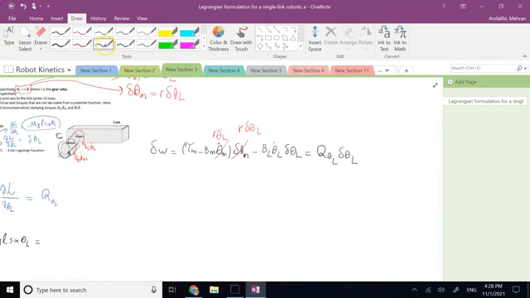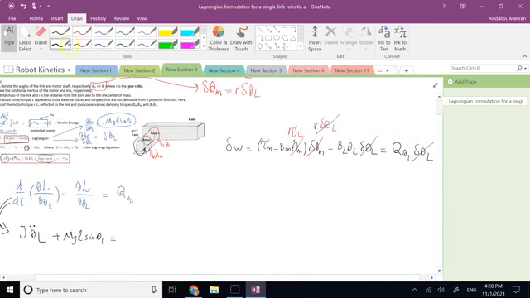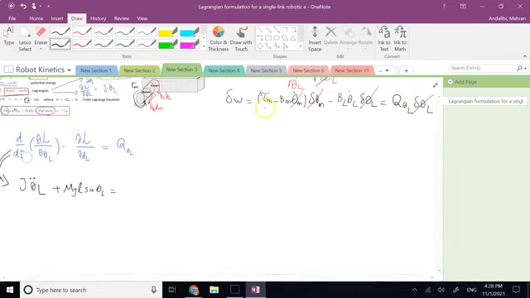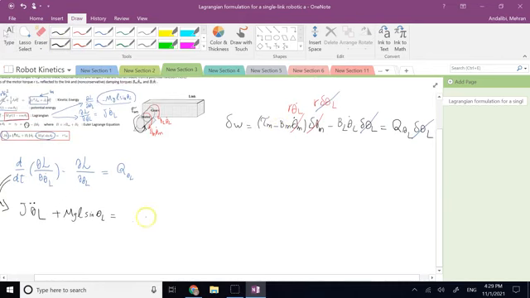And here, if you simplify the delta theta L's on both sides, you will see that your Q of theta L is going to be r times tau m, and then minus B of L theta dot L, and then here you have one r, here you have another r, so it's going to be r squared.